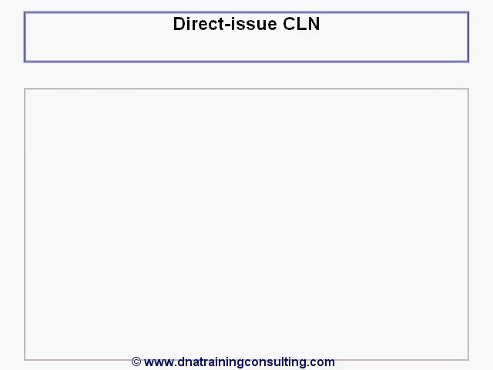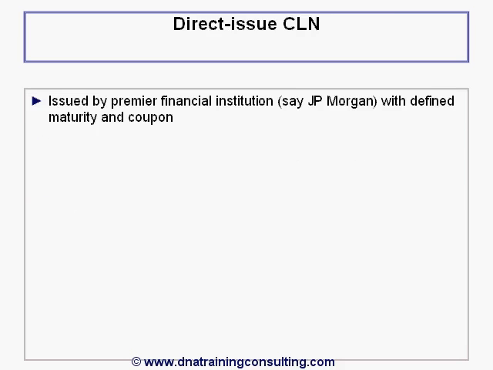A direct issue CLN is a note issued usually by a premier financial institution, let's say JP Morgan, that has a defined maturity and coupon like any other note, and looks and behaves in all other ways just like a regular note, except for one particular feature that is unique to this instrument.